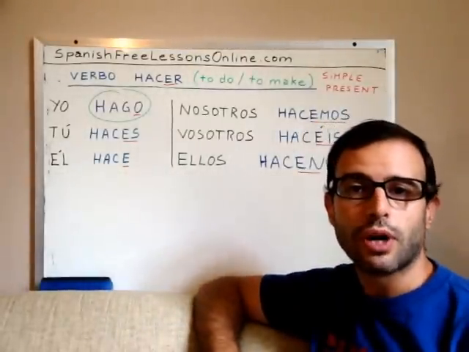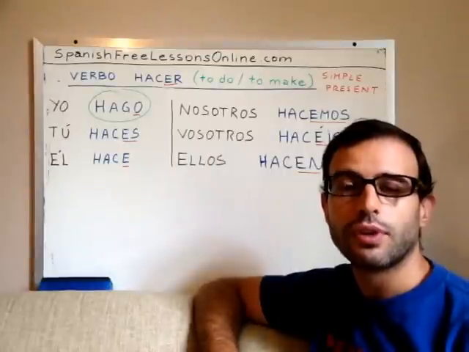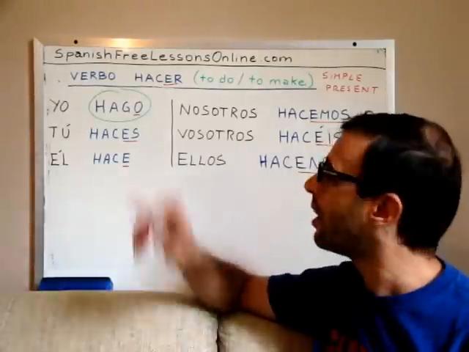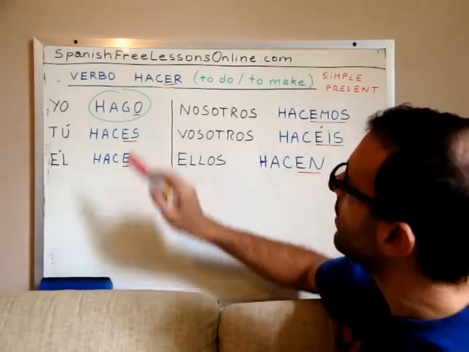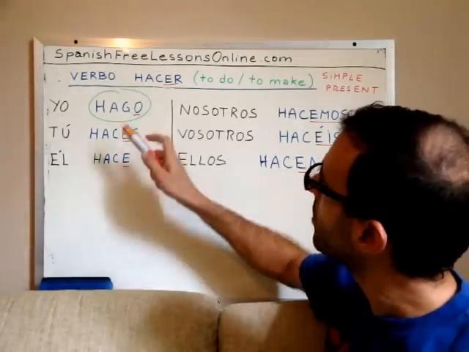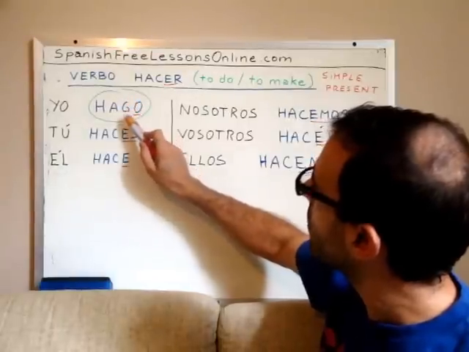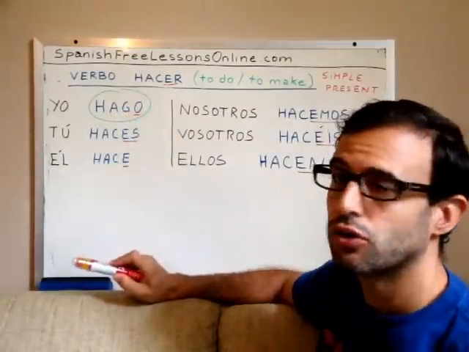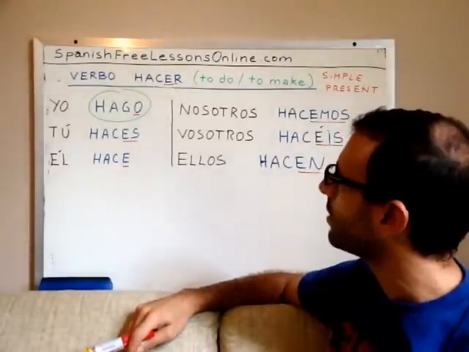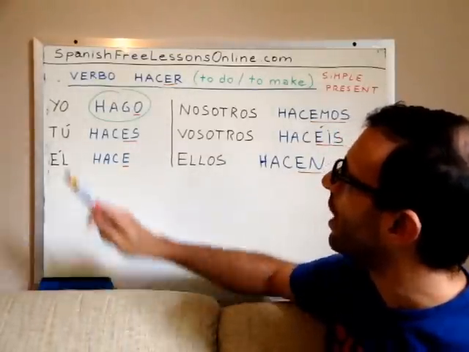We've seen before how to conjugate the verbs that end in ER, and you can see that this is pretty regular. This is the only exception because it changes the C for a G here, right? Hago.